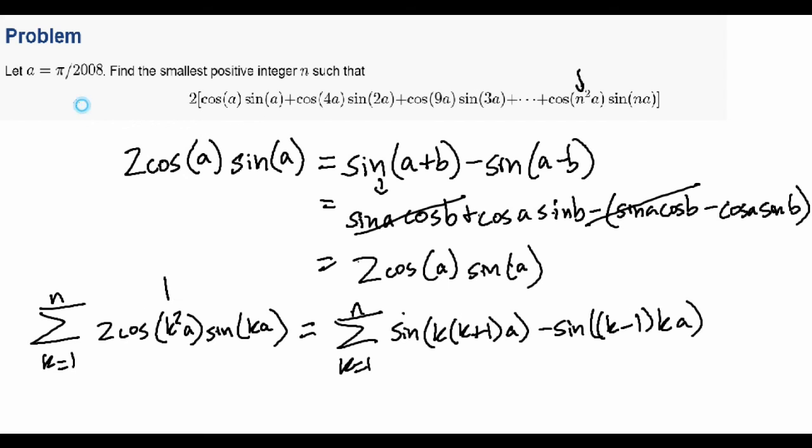If we substitute k squared for A and k for B, then A plus B is just k squared plus k, and A minus B is just k squared minus k, and these simplify to k times k plus 1 and k minus 1 times k.